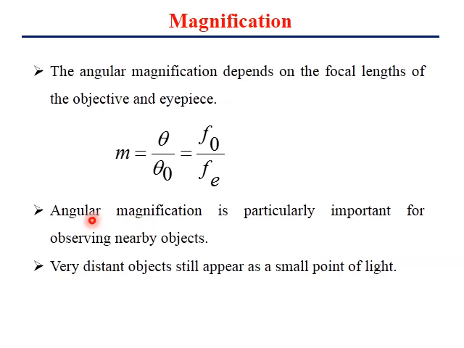We should remember that angular magnification is particularly important when the object is nearby. We should also note that very distant objects still appear as a small point of light.